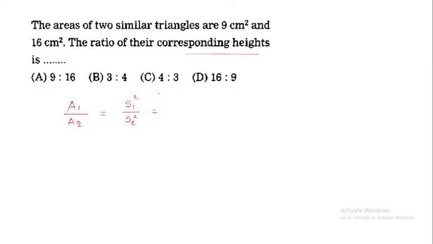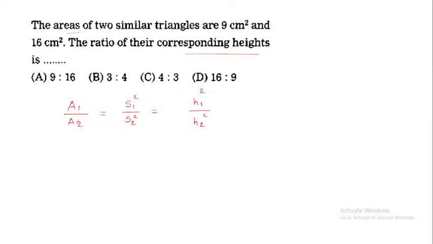Now if this property is true for corresponding sides, it is also applicable for the corresponding heights. So suppose H1 and H2 are the heights of those two triangles. Then the ratio of areas of these two triangles is equal to the ratio of squares of the corresponding heights, H1 square by H2 square.